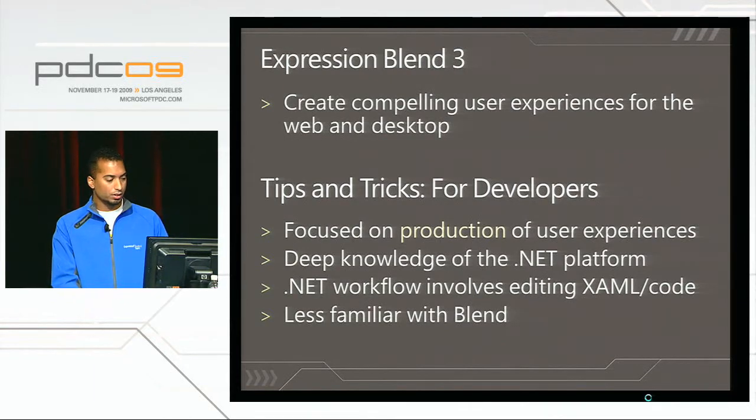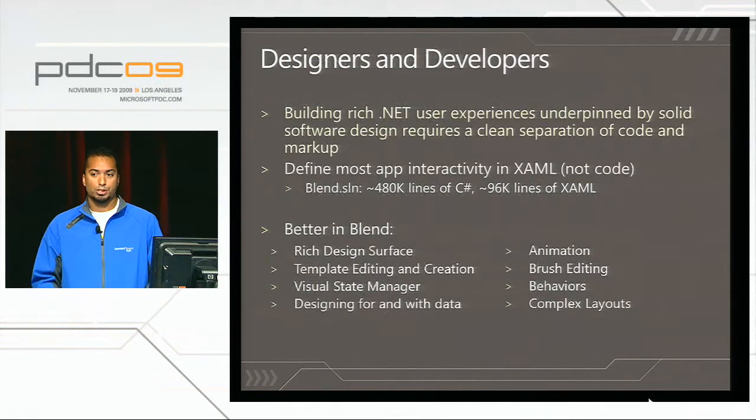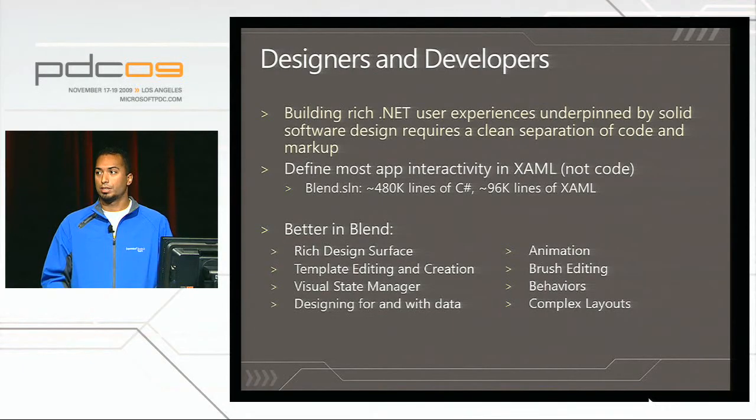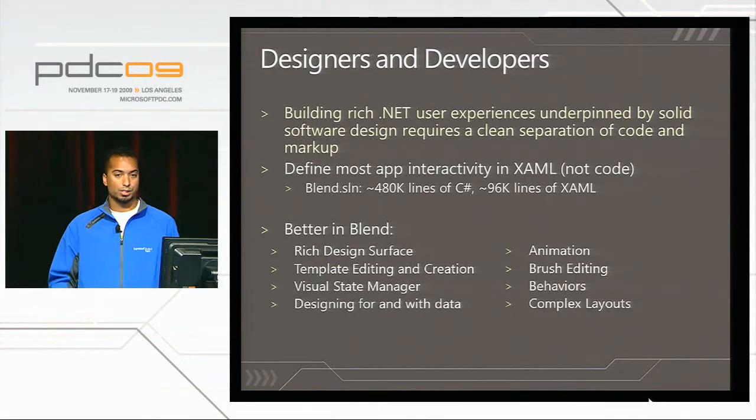The basic reason why we want to consider using Blend, definitely if you have a .NET application that has a significant amount of complexity to it, is that one of the most important things you can do is keep a clean separation of your model and your view, in terms of making your code flexible and maintainable over time. That separation is facilitated by the rich WPF and Silverlight platform capabilities that you can exploit from XAML.